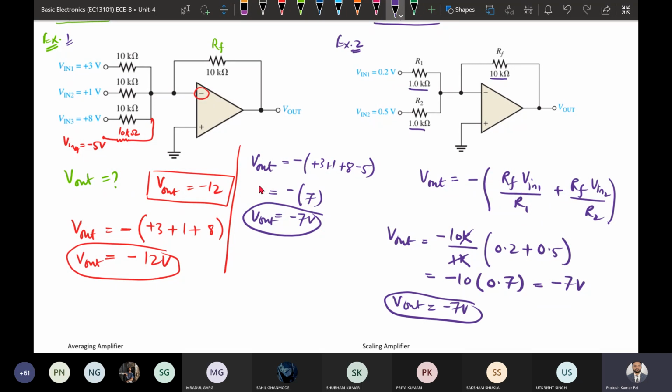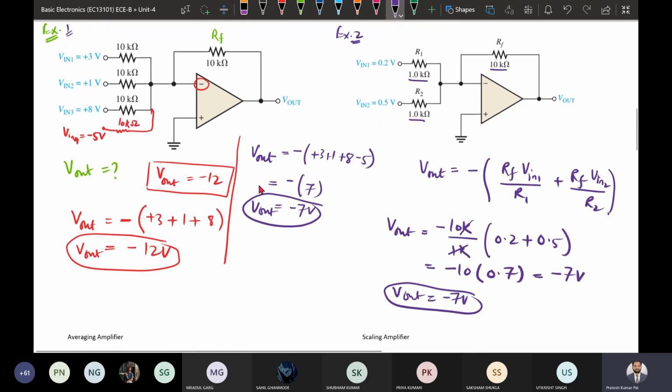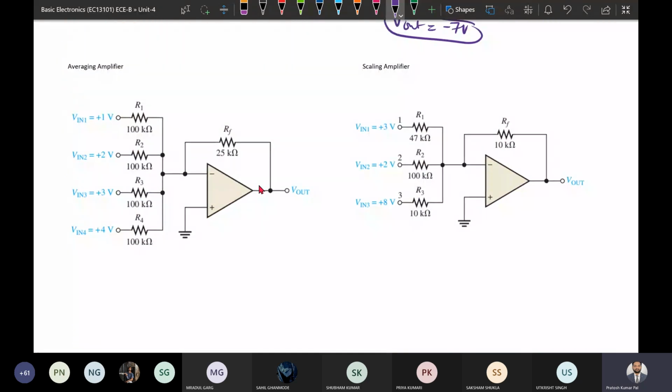Okay, so this is how we can calculate the non-unity gain adder output, with different RF and R1 and R2. Okay, the next example: by using a similar adder circuit, we can implement the averaging amplifier. Averaging amplifier means, what is average?